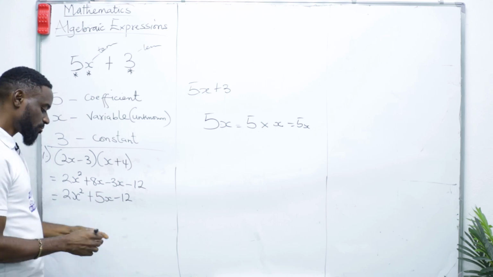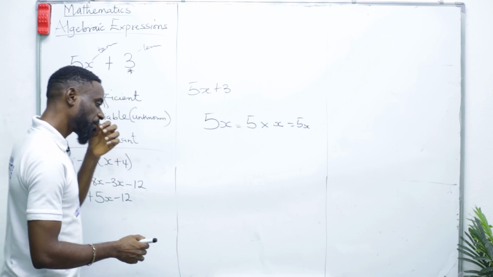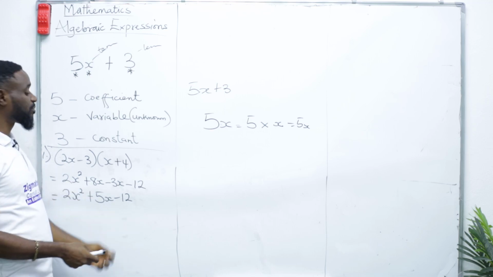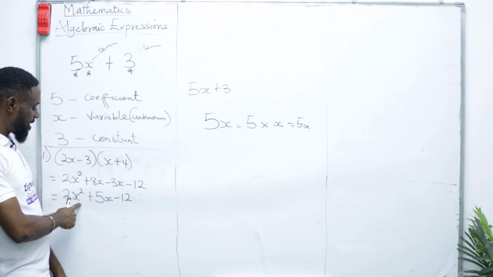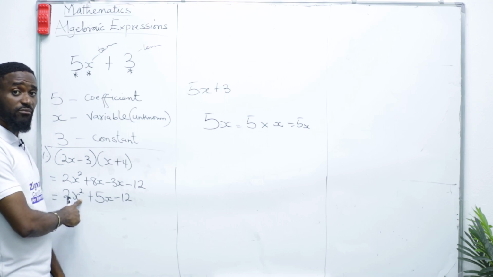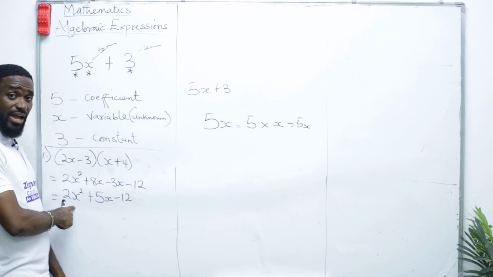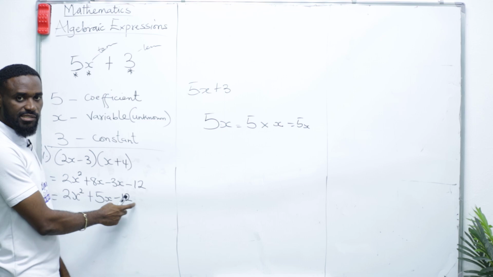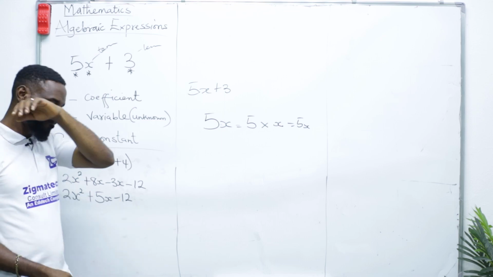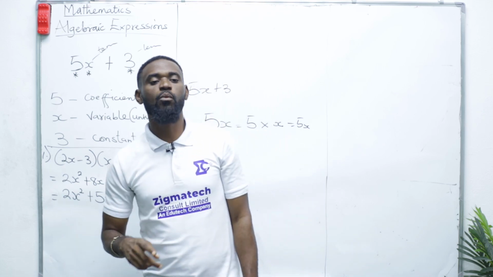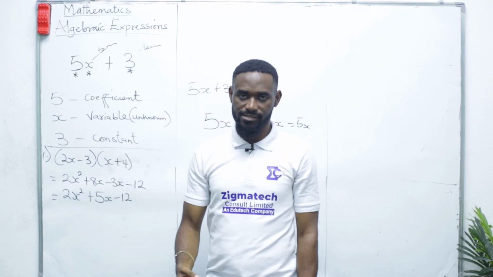Now, at this point, we cannot simplify this expression further, because here the variable is x squared, here the variable is x, and here is the constant. Now, someone may ask, what is the coefficient of x?